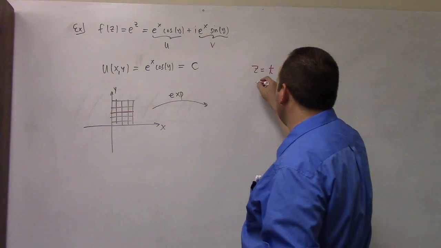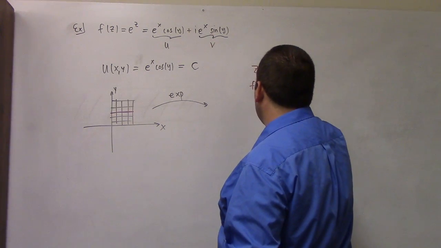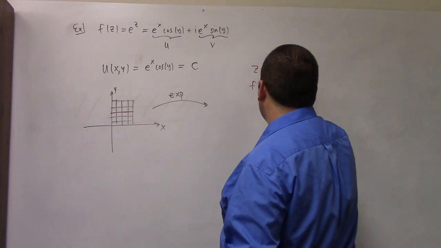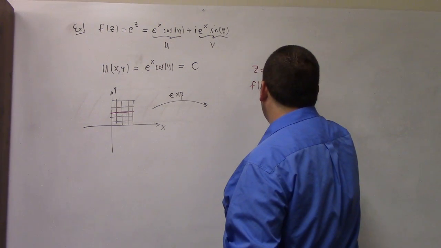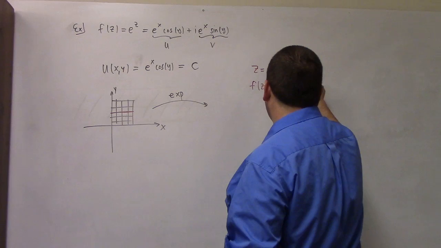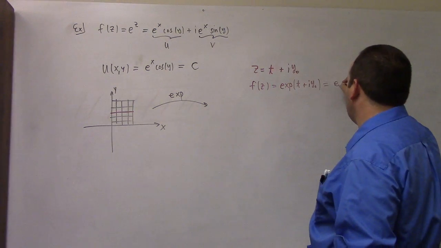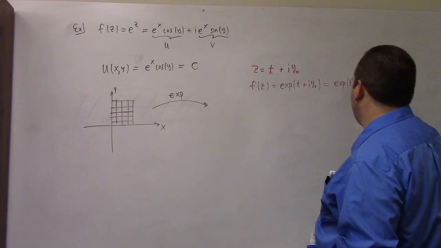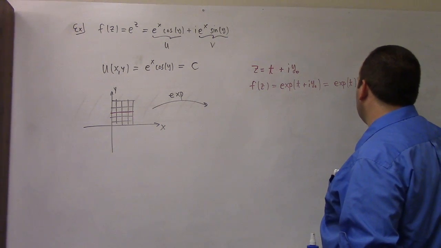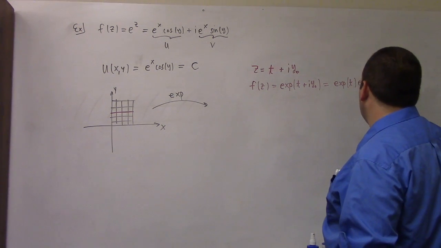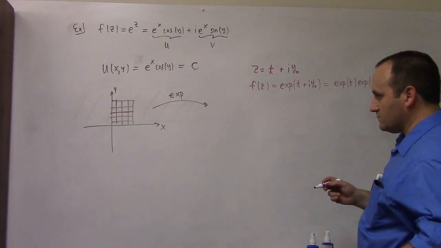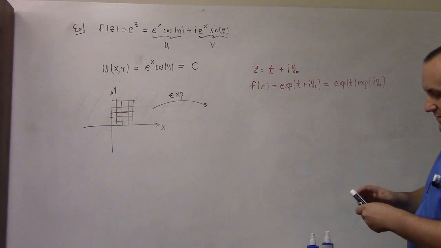Right, so if I look at f of such a z, I get the exponential of t plus i y naught, which is what? The exponential of t times the exponential of i y naught.